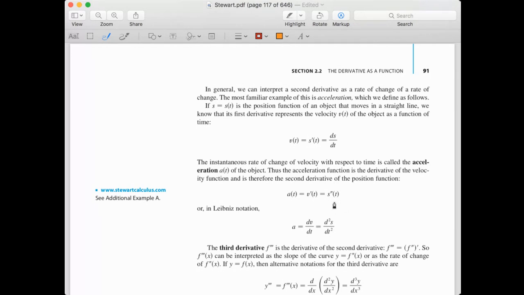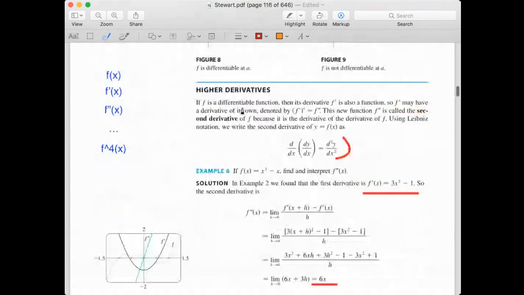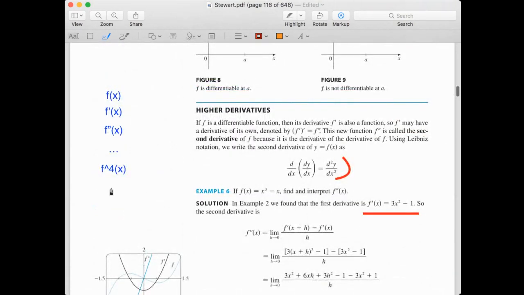When do we use different notations? It depends. Some people prefer to use this notation because f double prime doesn't tell people anything, right? But this d dx makes more sense for some people. For myself, I prefer this set of notation. It's easier. I'm just lazy.